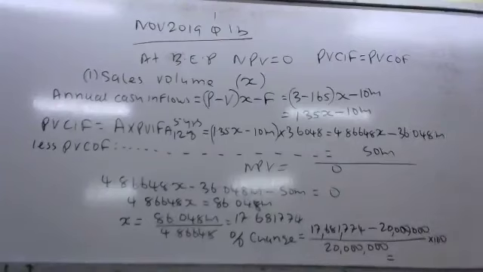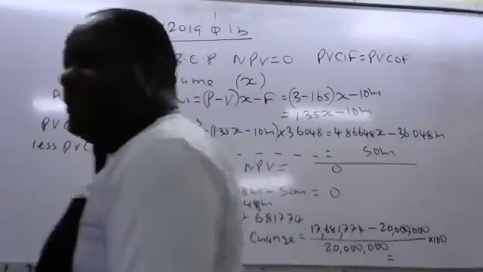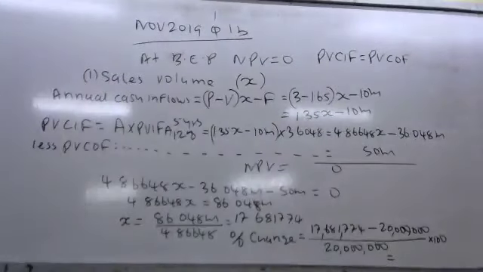So you want to know that sales volume will reduce by what percent. For us to reject that product, we want to establish by what percent it must reduce for us to reject that product. So here it has reduced by what percent?